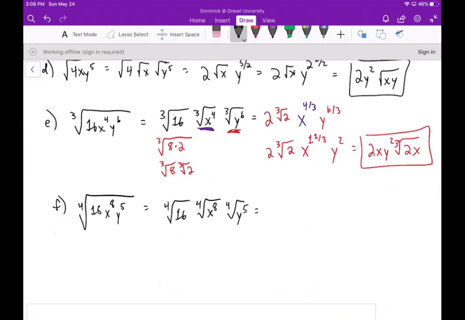Right, so the 4th root of 16 is nice because that's just 2. And then we get x to the 8/4 once we convert, y to the 5/4. Now the x is easy because that's just x squared, and the y will become a 1 1/4. So it looks like we get 2x squared y and then the 4th root of y.